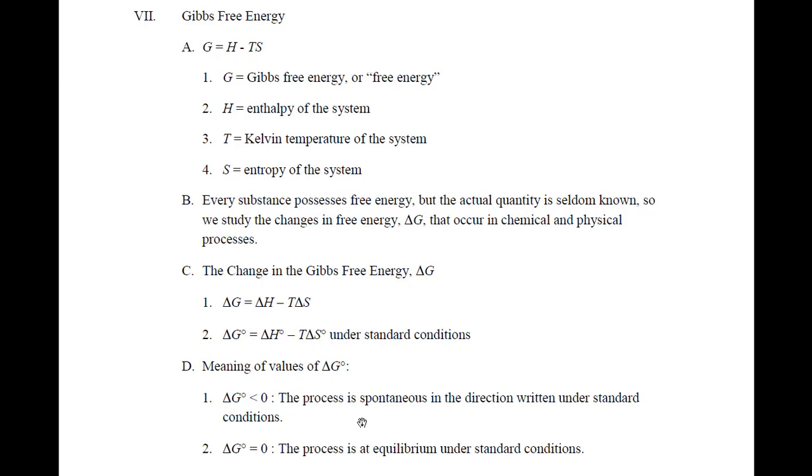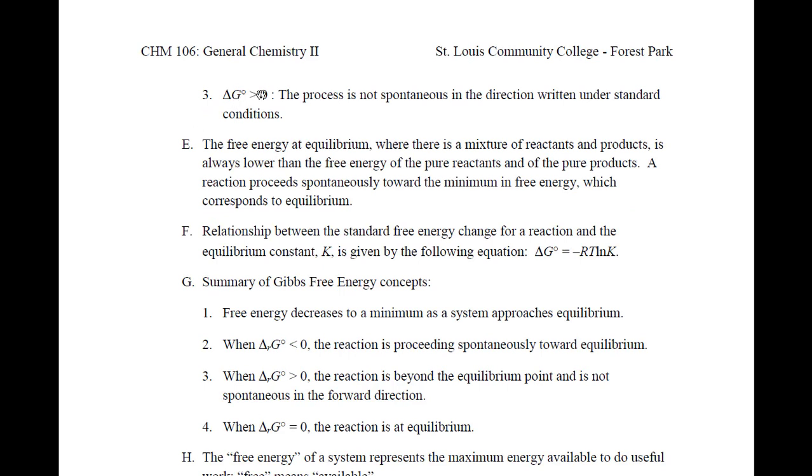So it's not going anywhere. It's not spontaneous nor non-spontaneous, and I'll explain that in a minute. But if you have a delta G value that's positive, then that is non-spontaneous in the direction written under standard conditions, notice the 0 there, at that specified Kelvin temperature.